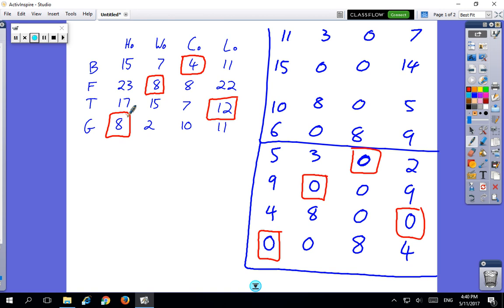Sometimes you'll find there are bipartite graphs which go with these. How do they work? Well, we'd have the B, F, T, and G, and we'd have the W, the HO, the WO, the CO, and the LO.